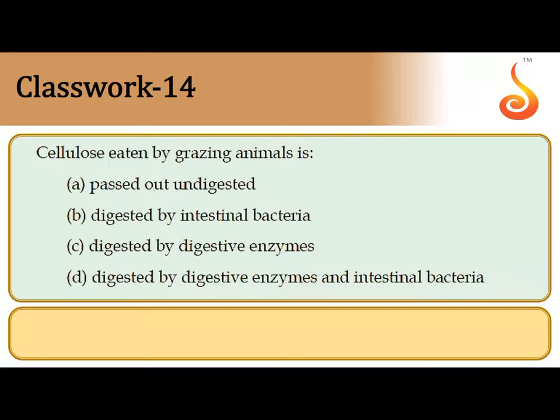You all know that in grazing animals there are bacteria, as well as they may produce digestive enzymes. But you know that in the stomach, called rumen, reticulum, omasum and abomasum, mostly fermentation takes place. So it is intestinal bacteria which basically help in digestion of cellulose.